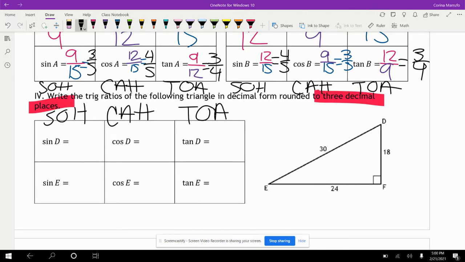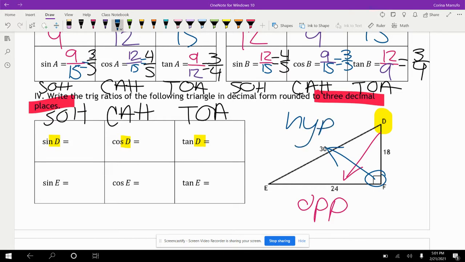First we're going to go based off of angle D. Here's my angle D. I'm going to label real quick. If this is D, that makes this my opposite. This is my 90-degree angle, so that makes this my hypotenuse. And the other side is my adjacent side.